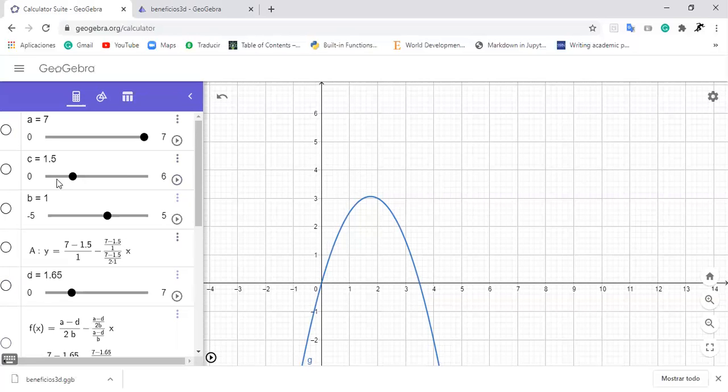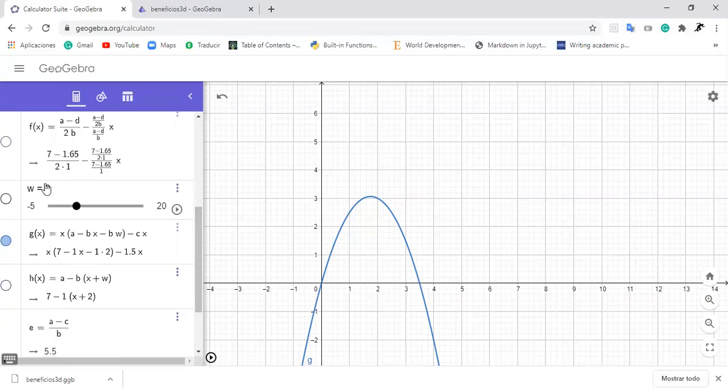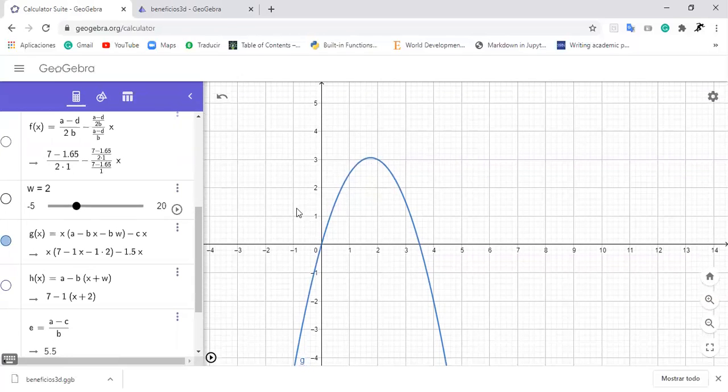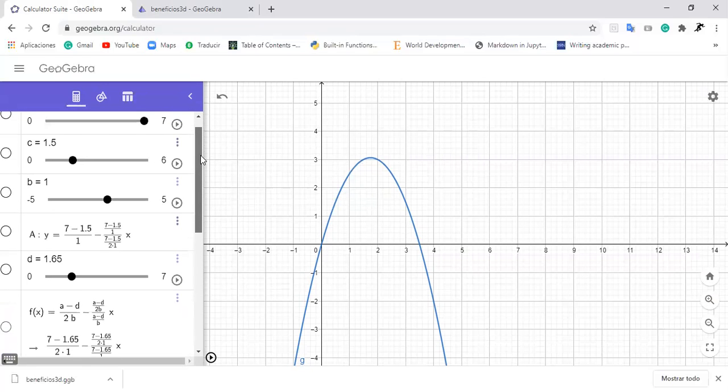So with costs for firm number 1 around 1.5, and a level of production of 2 for firm number 2, we have this parabola for firm number 1. And this parabola is maximized at something less than 2, okay? And this is the same parabola that we could observe in the three-dimensional graph.